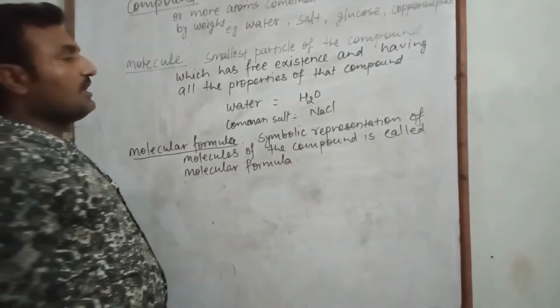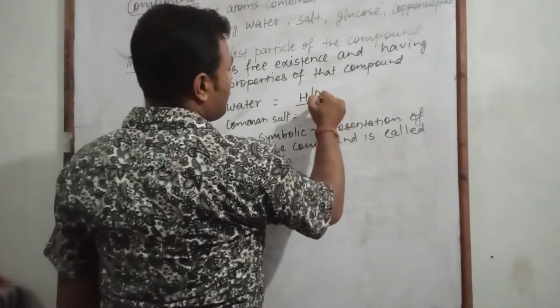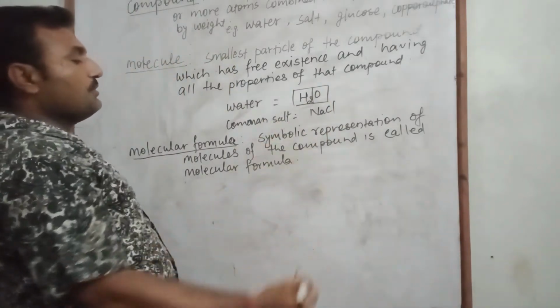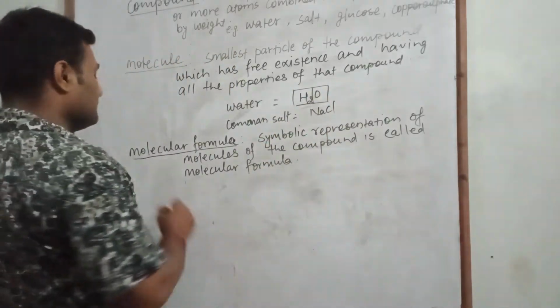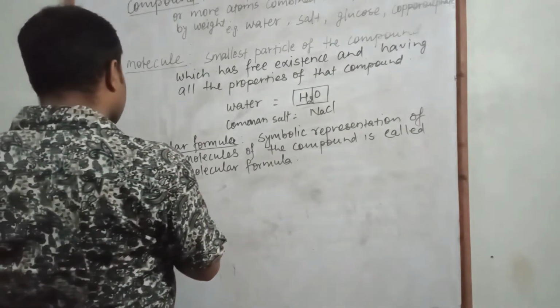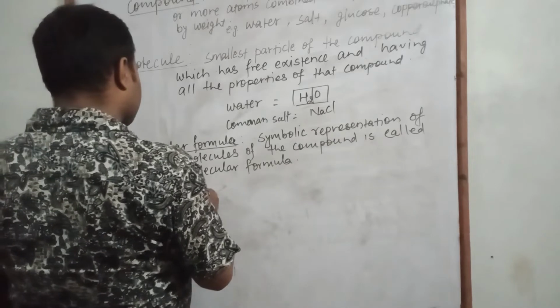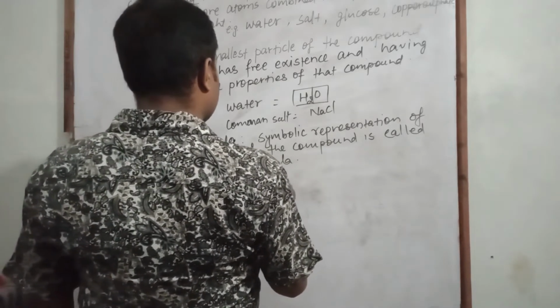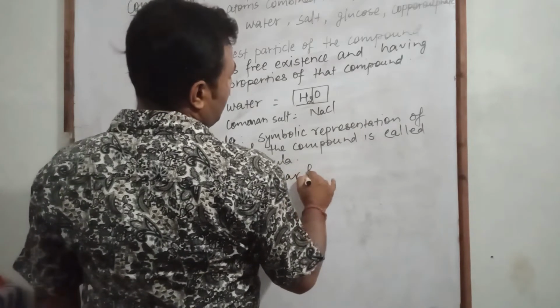The molecular formula of a compound contains radicals. It is made up of an electropositive and an electronegative radical. Here we discuss how to write the molecular formula of a compound.